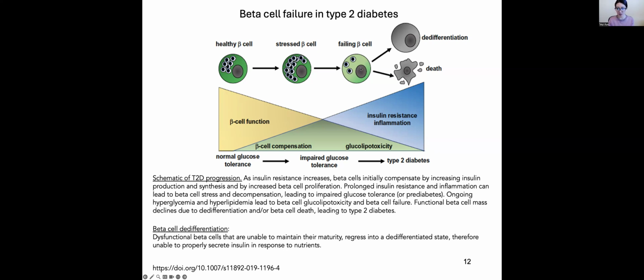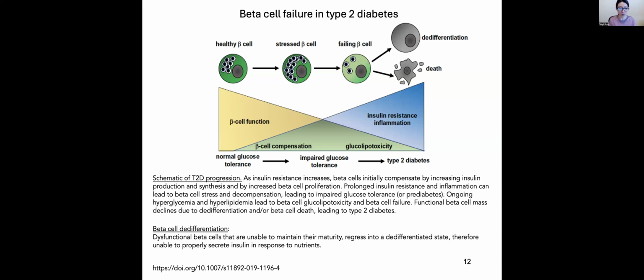By then, the functional beta cell mass declines due to different mechanisms. One of them is beta cell dedifferentiation. The other one is cell death. These paths lead to type 2 diabetes. So what is beta cell dedifferentiation?